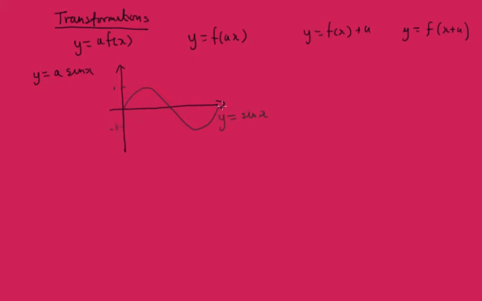Now, I'm going to do 2. So this is now y equals 2 sine x. So the maximum is at 2 and the minimum is at minus 2.